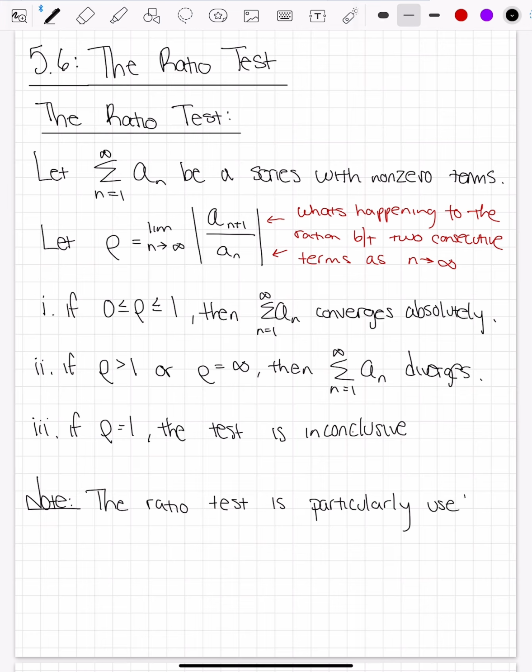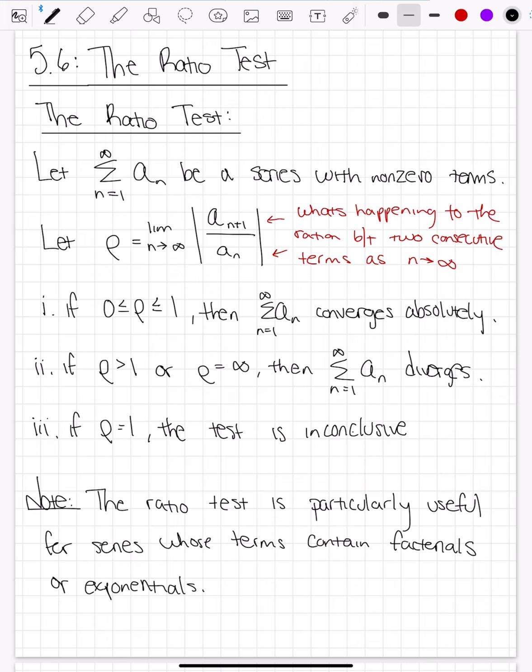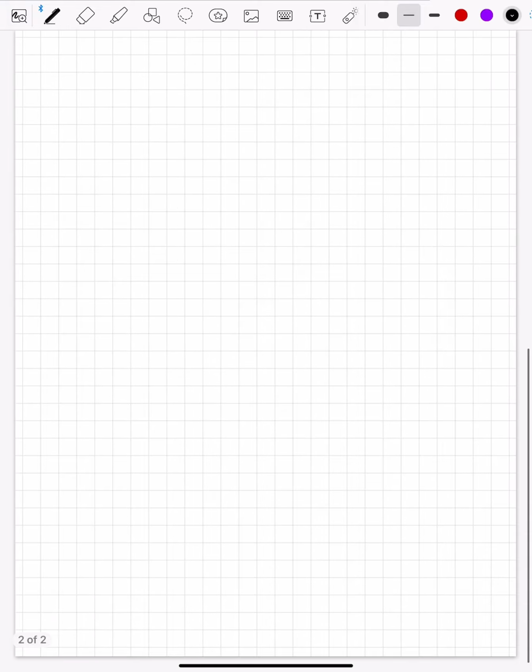So it's particularly useful for series whose terms contain factorials or exponentials. Okay, so let's do some examples. Hopefully this makes sense.